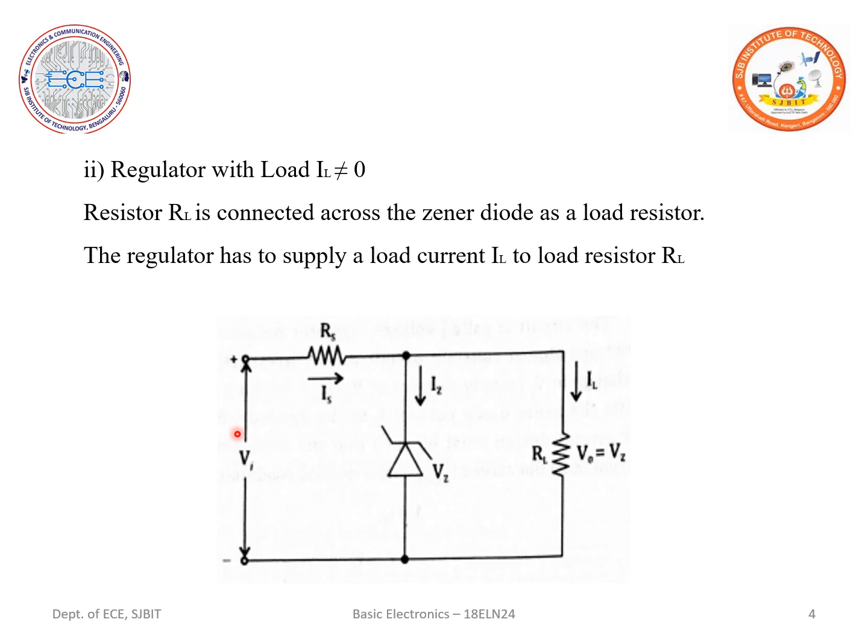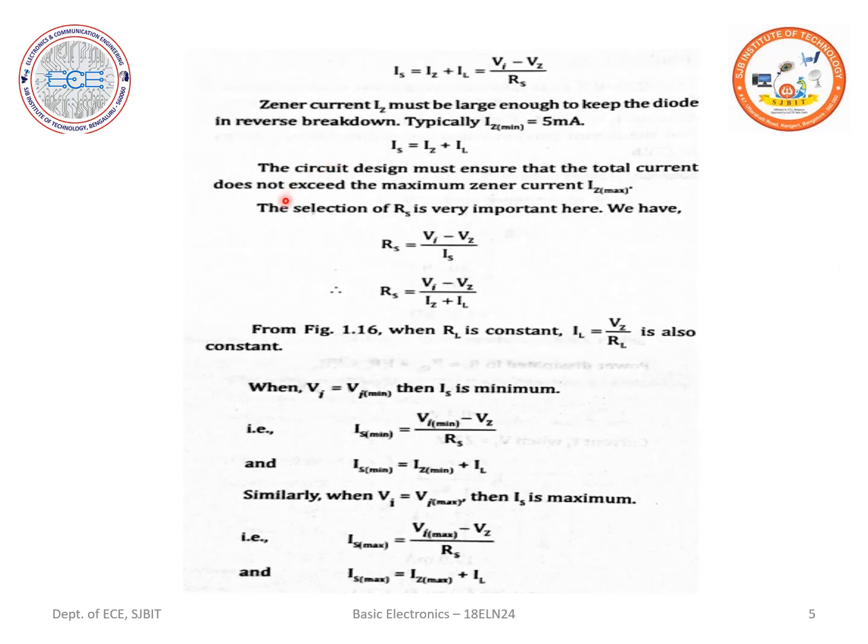And when we go for the load regulation, the input voltage is a fixed one, wherein we vary the load resistance. The constant output voltage is obtained as long as the load resistance is maintained above a minimum value. So this is about the with load and without load.